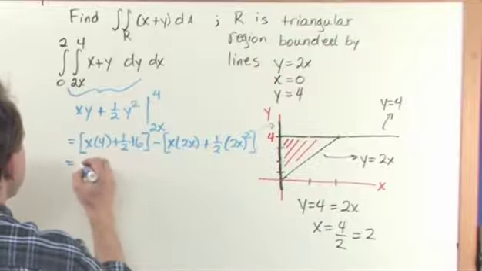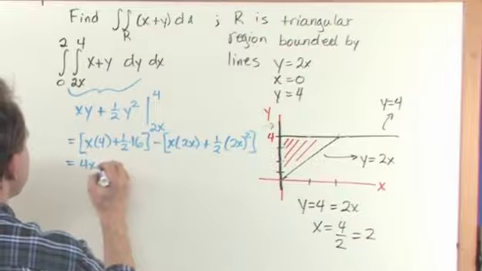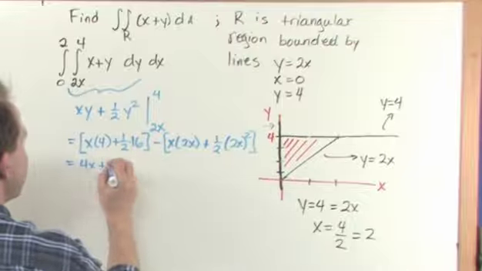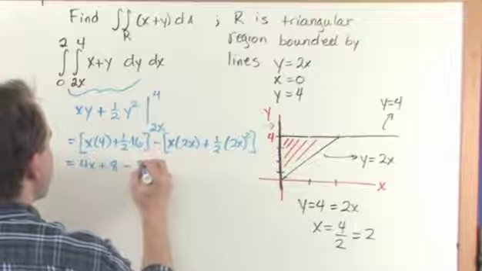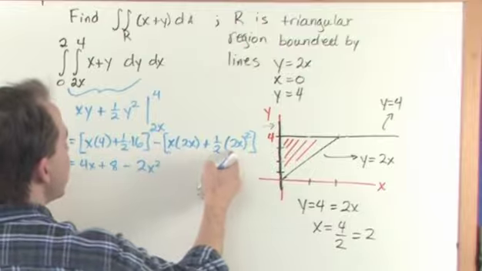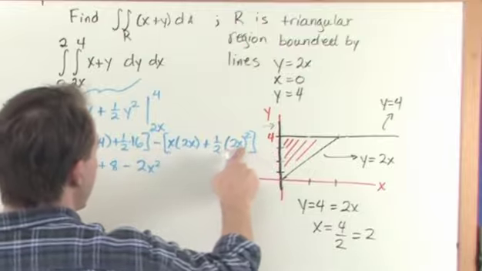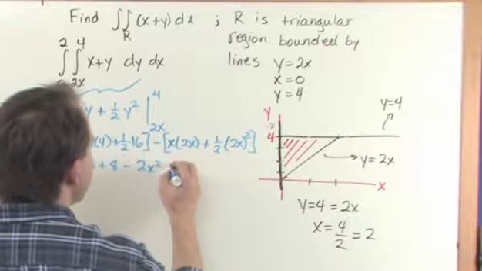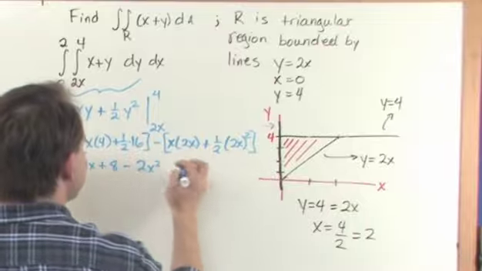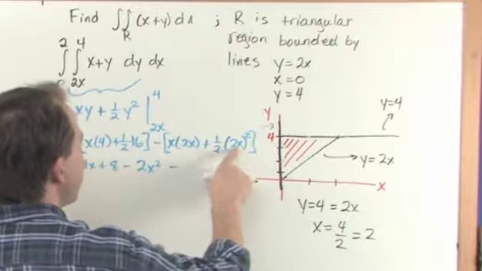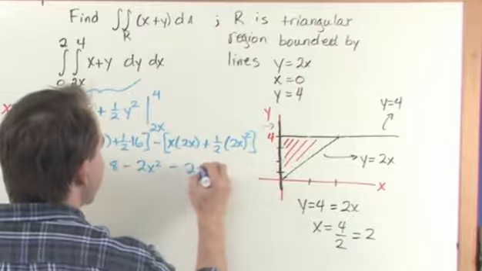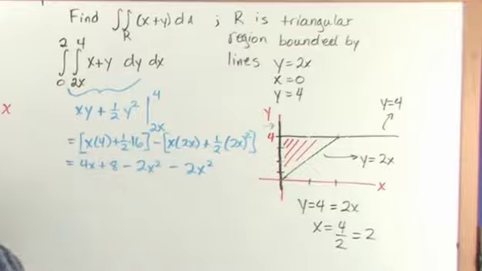I'm going to have 4x plus 16 divided by 2 is 8. And then over here I'm going to have minus 2x squared, because 4x squared divided by 2 is 2x squared, and the negative sign comes from out front here.